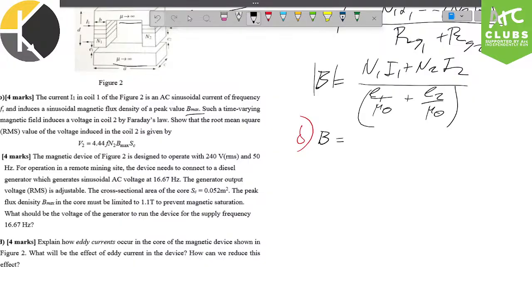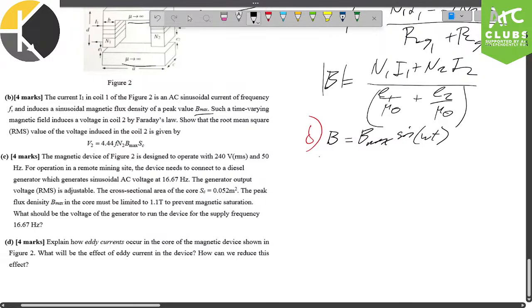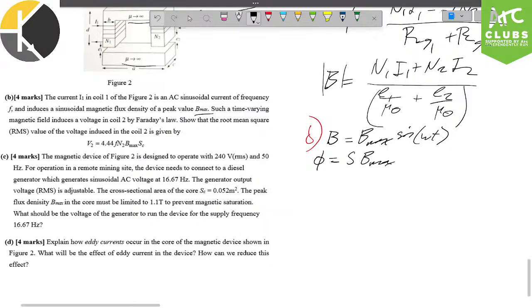B is going to be equal to B max, because we're assigning a sinusoid to it, times sine of omega t. And so we can say that your phi is going to equal S B max sine omega t.